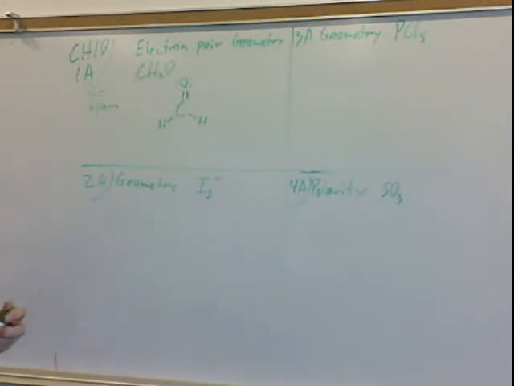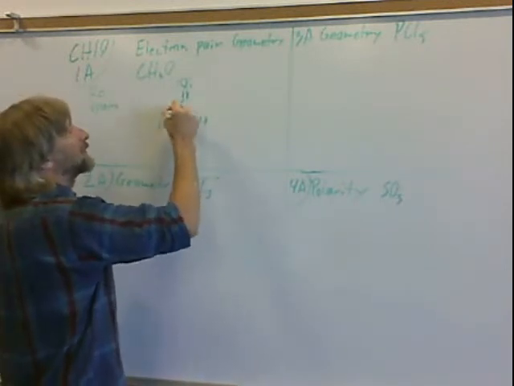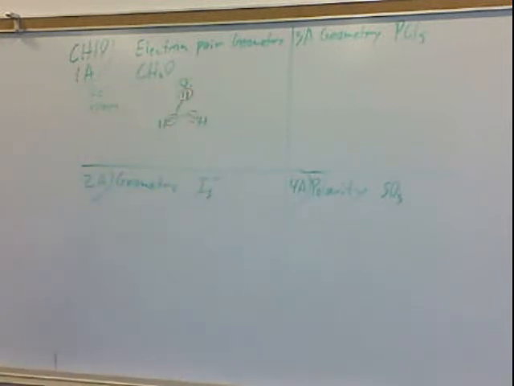To answer electron pair geometry, we look at the electron groups on the carbon. And we have 3 electron groups. We count a bond as an electron group regardless of whether it's single, double, or triple. And lone pairs are also electron groups.